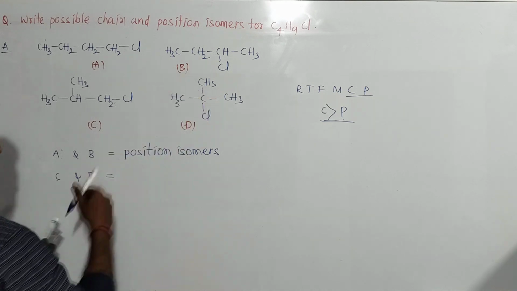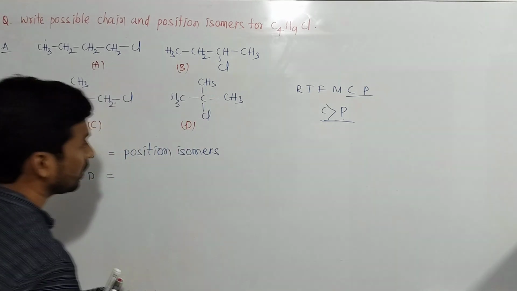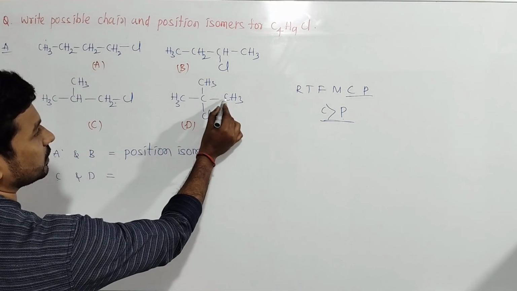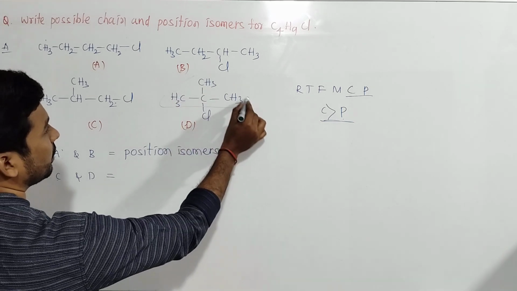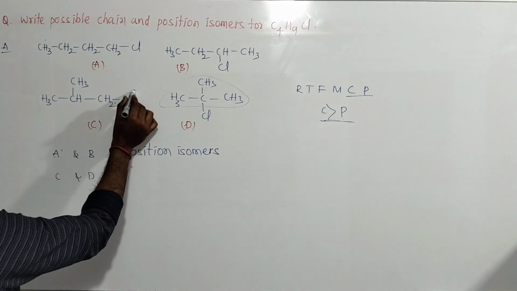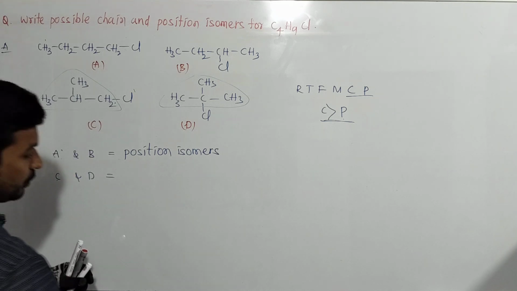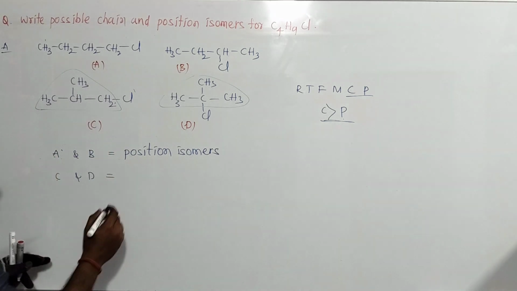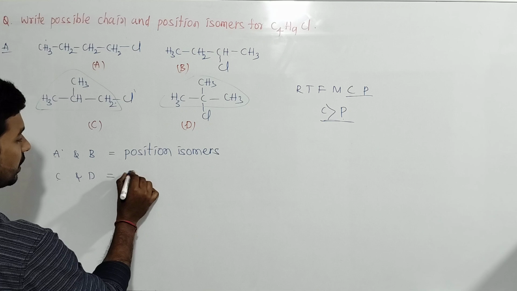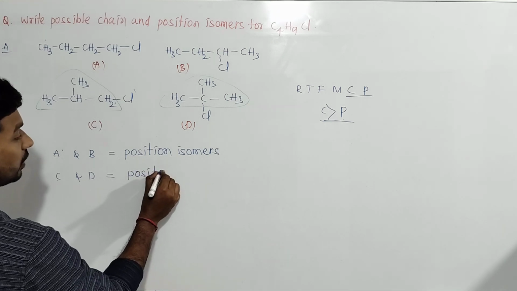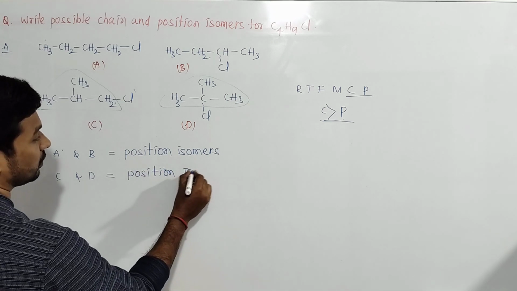Carbon skeleton same. If you take up to here, carbon skeleton same or not? These 4 up to here, carbon skeleton same. The position of this is also the same carbon skeleton. They differ only by position of chlorine. So they are definitely position isomers. C and D are also position isomers.